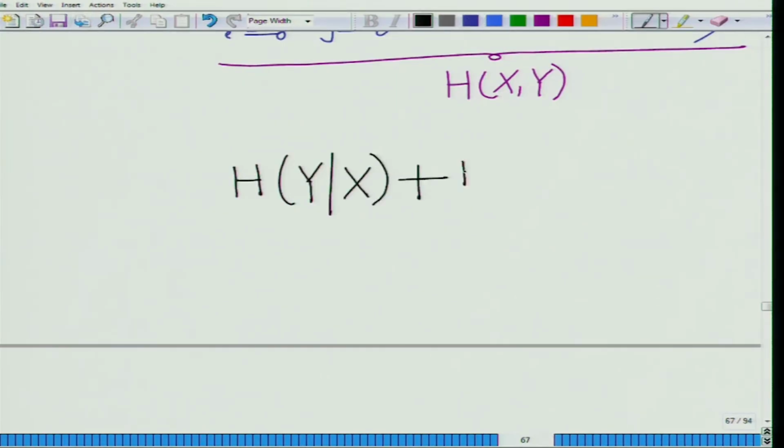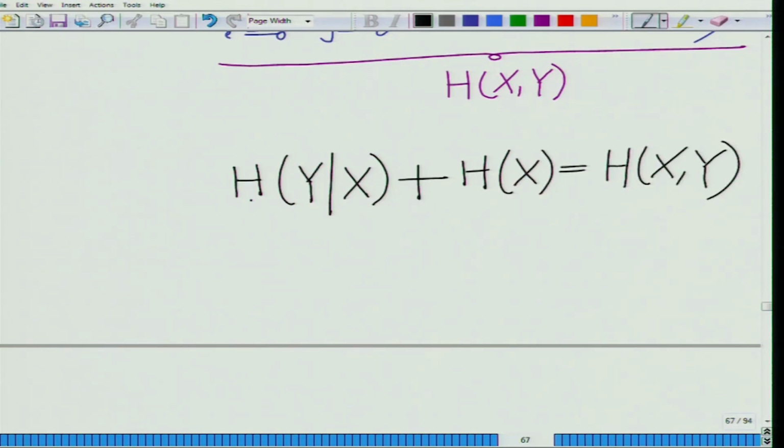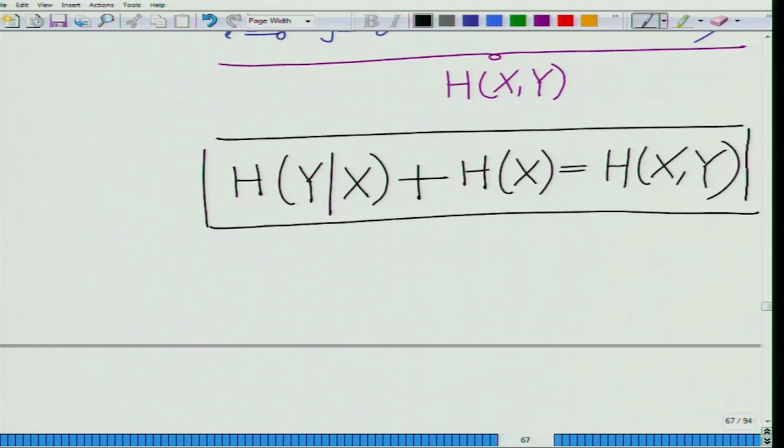on x, y given x, plus h x is nothing but the joint entropy h x comma y. Similarly, you can also show, naturally there is nothing special about x and y.